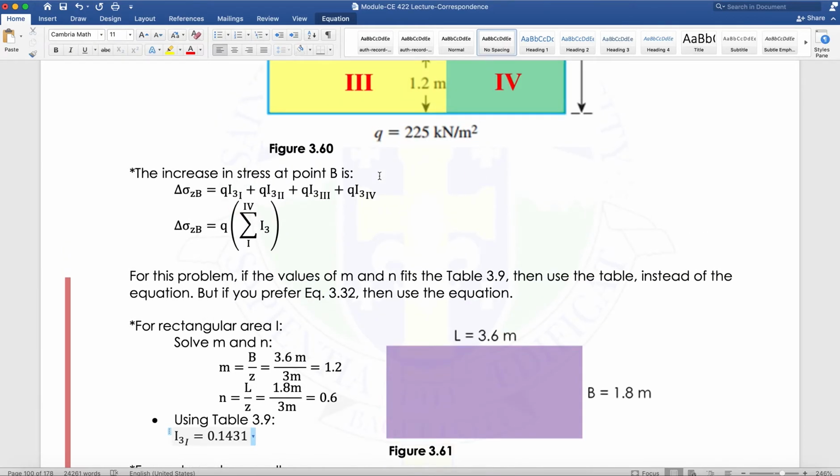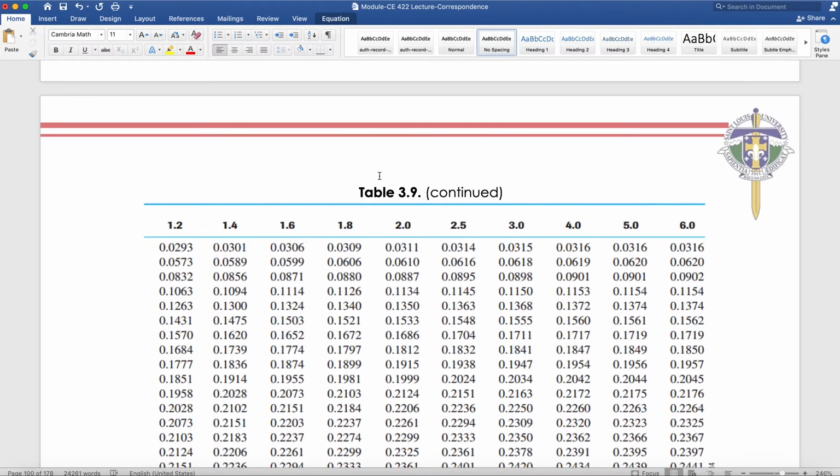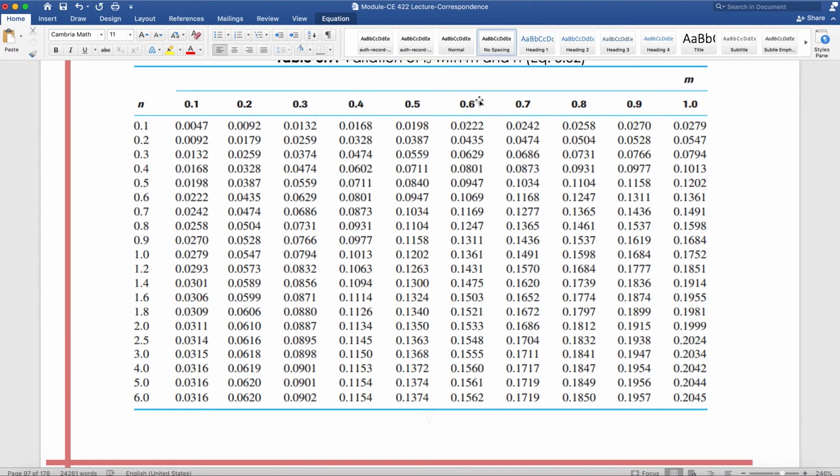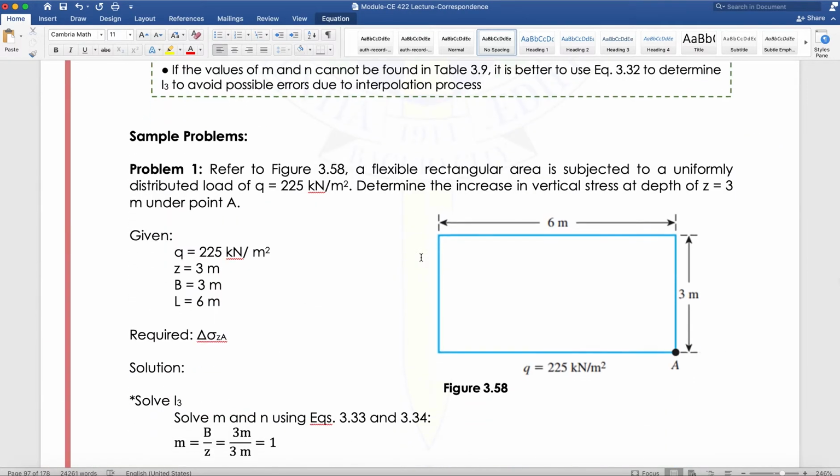Si M yung 0.6. So, tignan natin. If M is 0.6, then N is 1.2. Parehas lang. 0.6 at saka 1.2. 0.1431. So, there is no issue here kahit magkabaliktad sila.